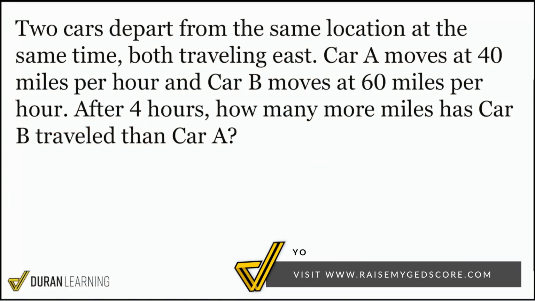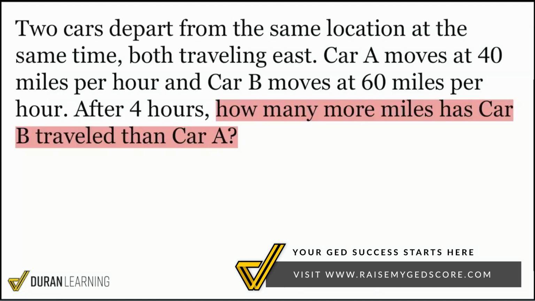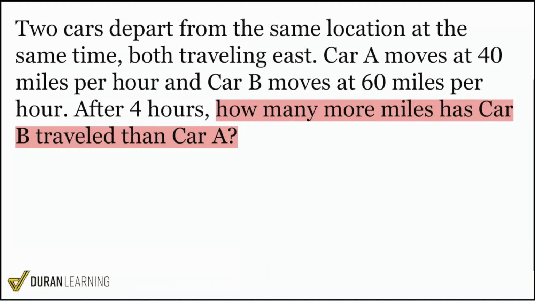So first things first, everybody, as we come back here and start this problem off, tell me, what's the first thing we do? Read the question, right? Exactly. So here it says, in red, how many more miles has car B traveled than car A? There's already in this question sentence a huge hint, everyone.